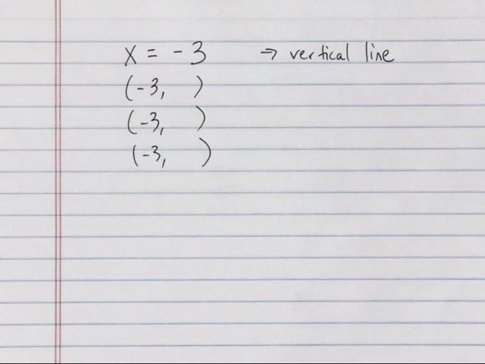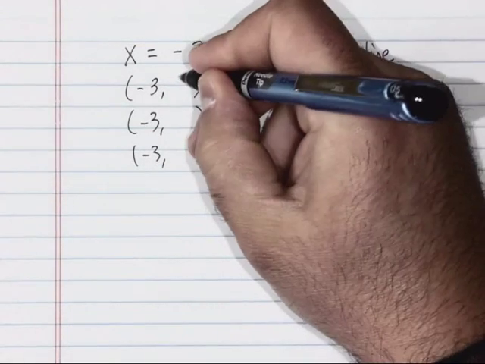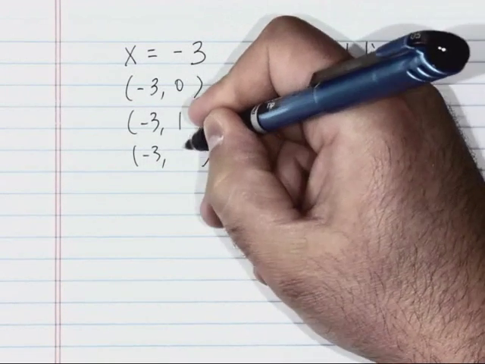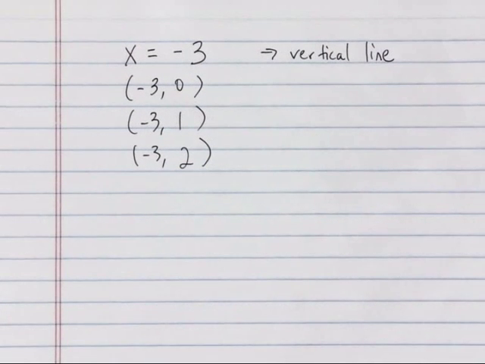The y-coordinates are going to be all of the points on that line. The x-coordinate's always going to stay at -3, and so the y-coordinates could be something like this: -3 comma 0, -3 comma 1, -3 comma 2.